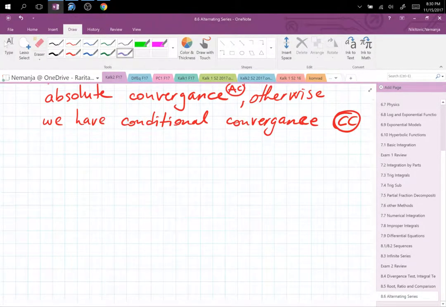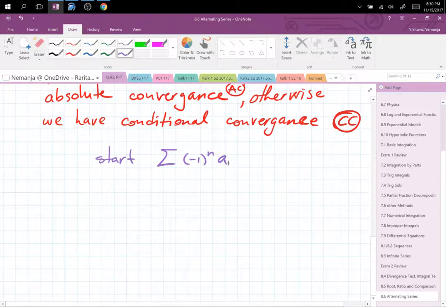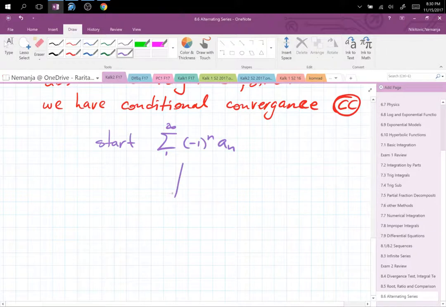How about some diagrams? We start with some kind of alternating series, and we consider a_n, and we get two branches now.